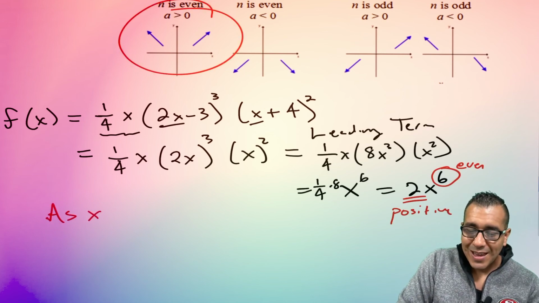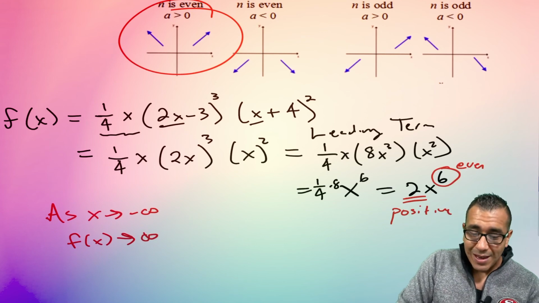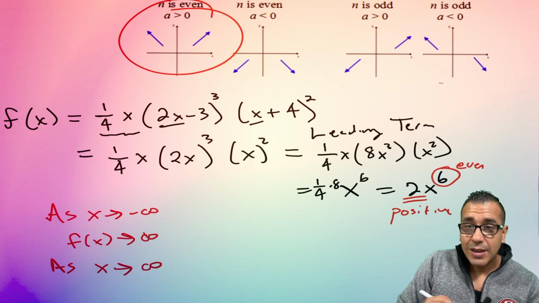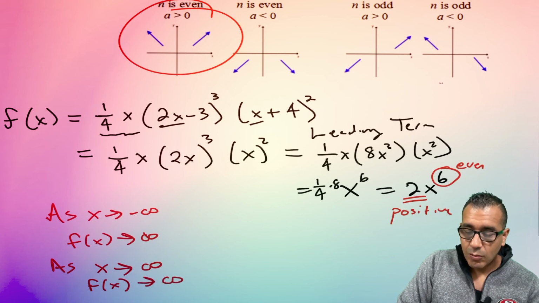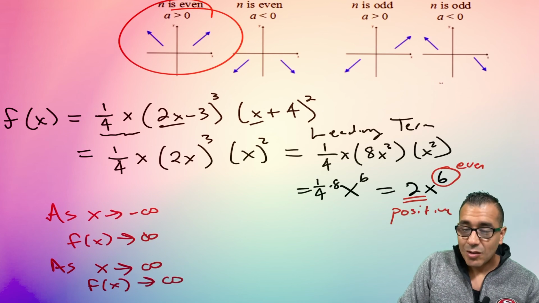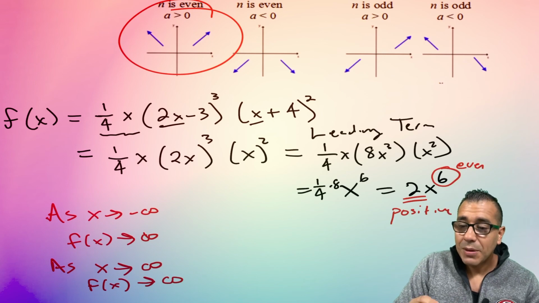So as x is going towards negative infinity, f of x is going towards positive infinity. And if we look at the other side, as x is going towards positive infinity, f of x is headed off there to positive infinity as well. All right, and so there you have it. Now you know the end behavior.